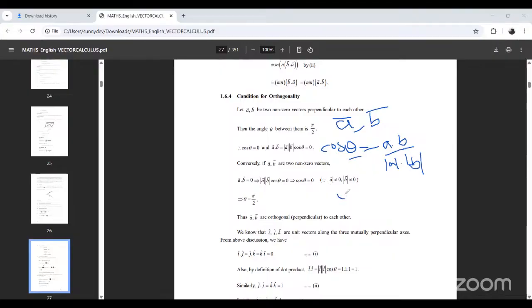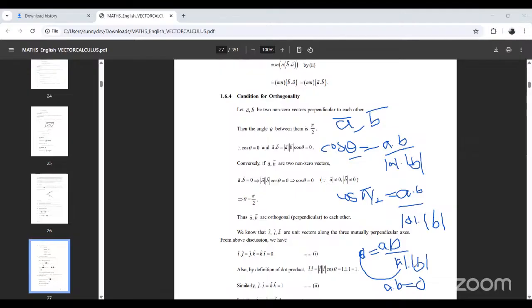So cos pi by 2 equals A dot B by mod A mod B. What is cos 90? 0. So 0 equals A dot B by mod A mod B. So then A dot B equals 0.